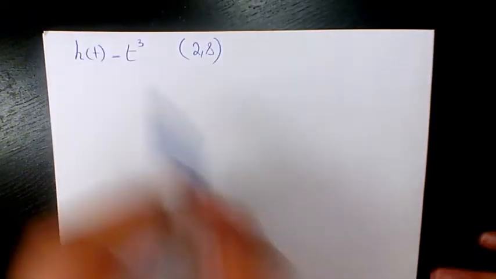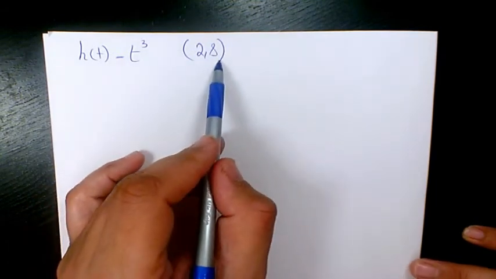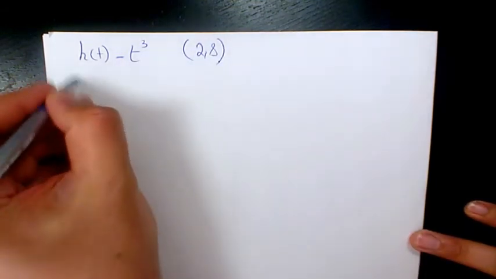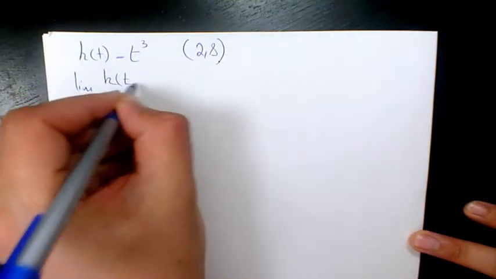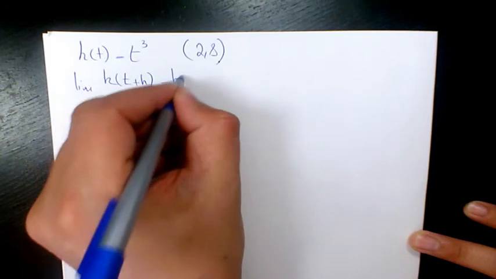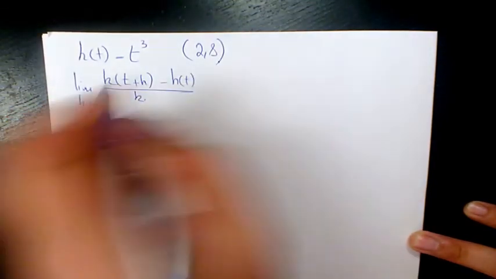So next one, h of t equals t cubed at 2 and 8. So it's going to be the limit of h of t plus h minus h of t divided by h, as h is approaching 0.